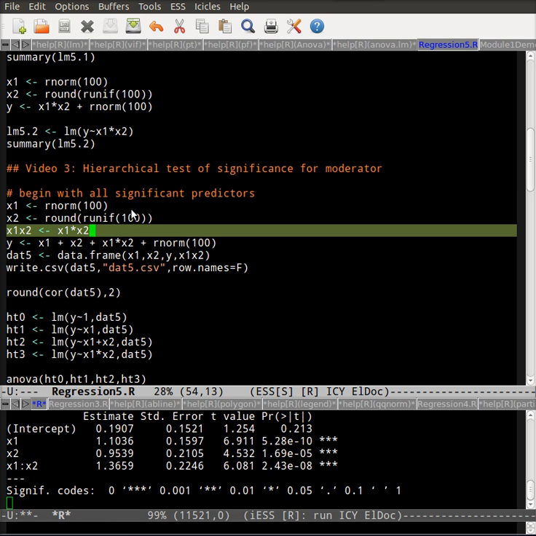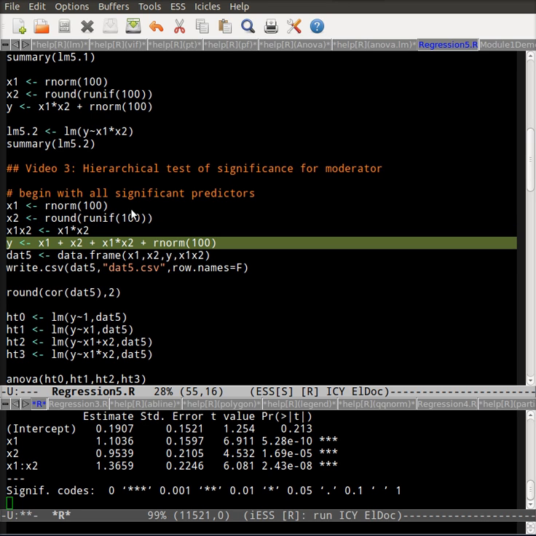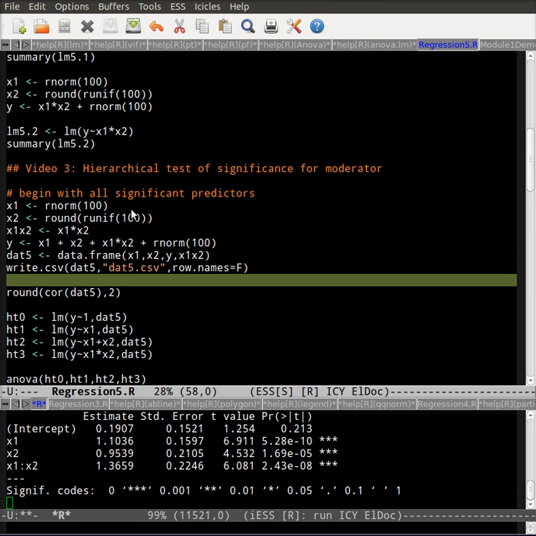So x1 and x2 is a combination of the two, they're multiplied. Then I create a dependent variable that is a function of x1 and x2 and the multiplication of x1 and x2, and then I add some random normal noise or error. Then I create a data frame, and that data frame is what I'm going to distribute to everybody.